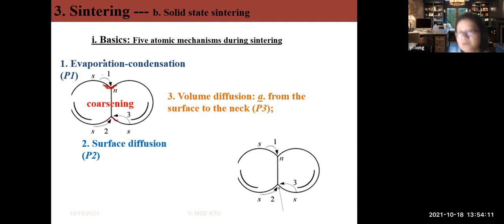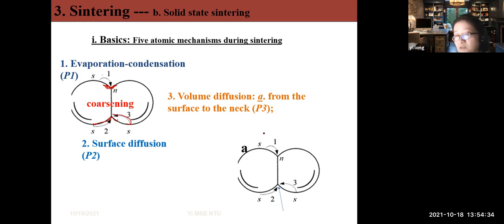So the first, P1, is condensed and stays in this valley, and also the surface diffusion. The second one is atoms move from the surface all the way to the valley, and the same thing here, but through below the surface. That one we call volume diffusion.